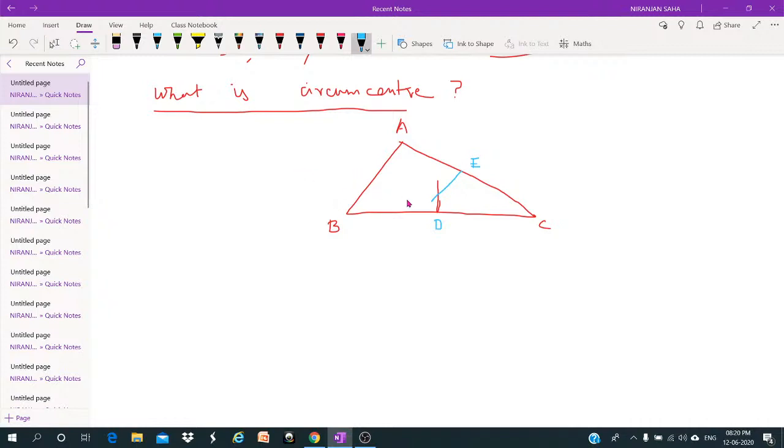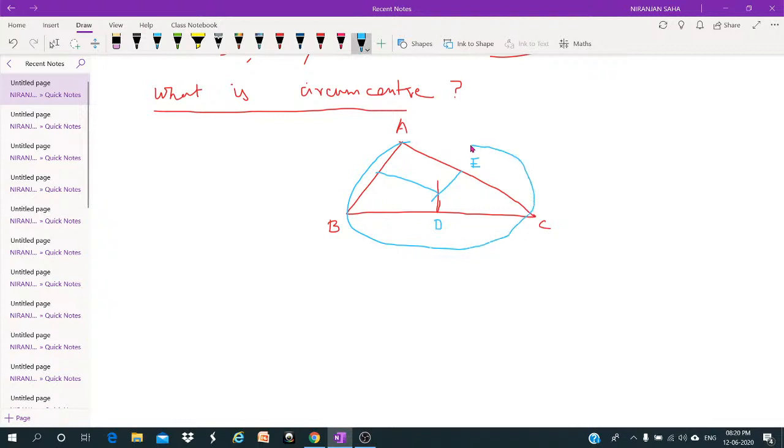The perpendicular bisectors must pass through this point, and you can draw a circle through it also.